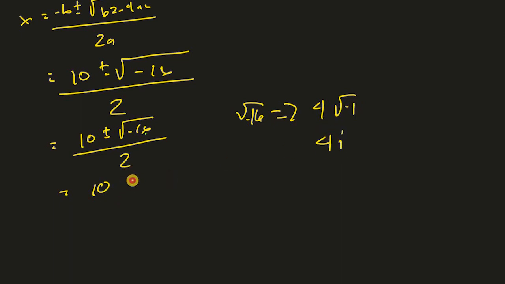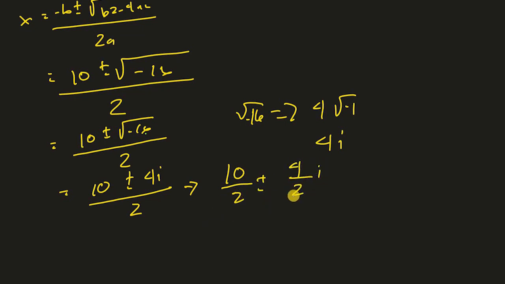So, that would be 10 plus minus 4i over 2. So, simplifying this would be equal to 10 over 2 plus minus 4 over 2i. So, we can have the two values of the x.